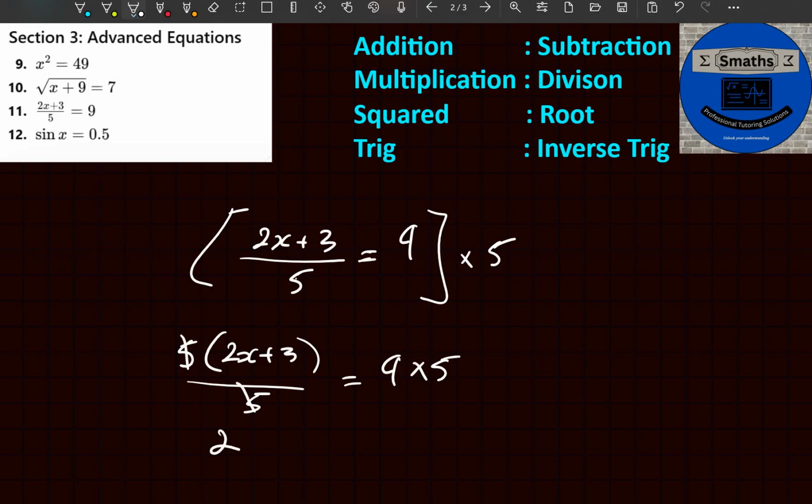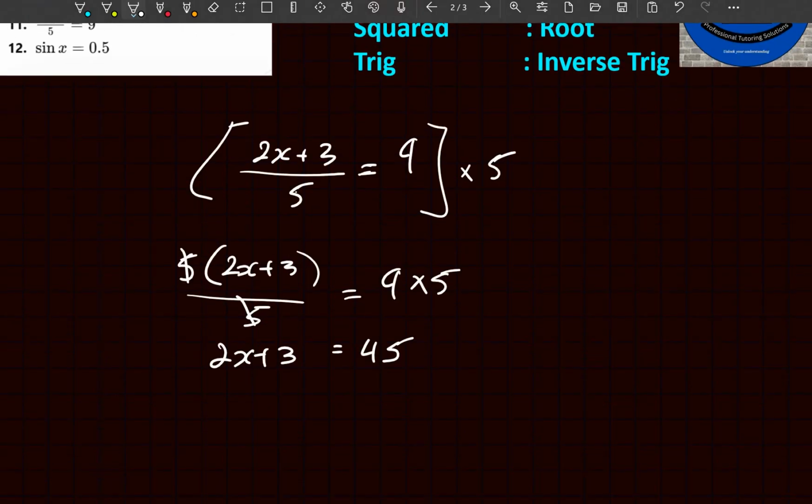Cancelling gives that 2x plus 3 is equal to 45. We solve as usual, we minus 3 from both sides, therefore 2x would be 45 minus 3, which is 42. We then divide both sides by 2, so x would be 21.